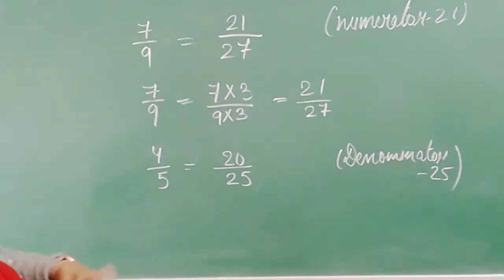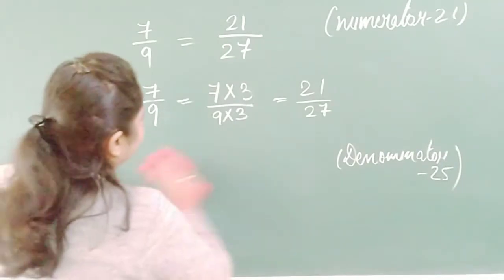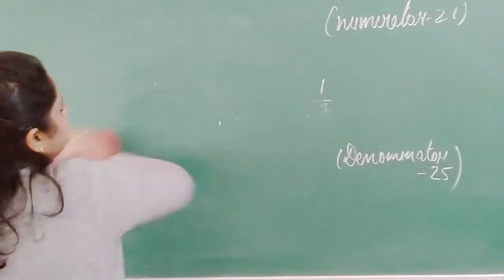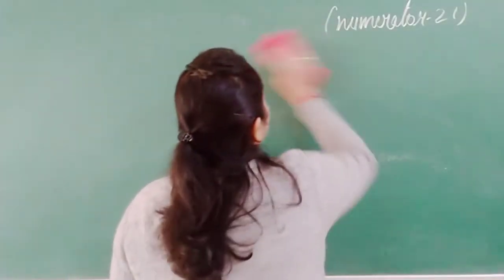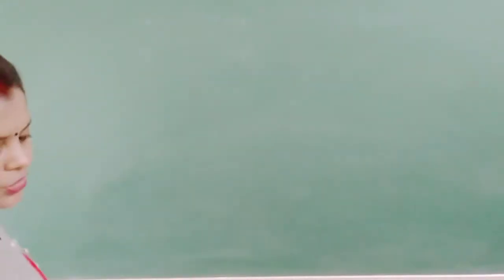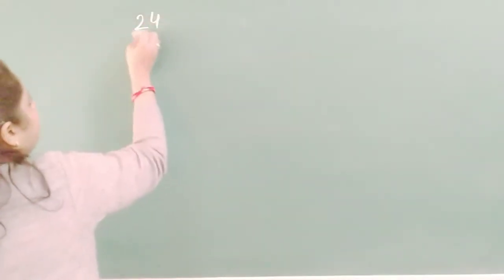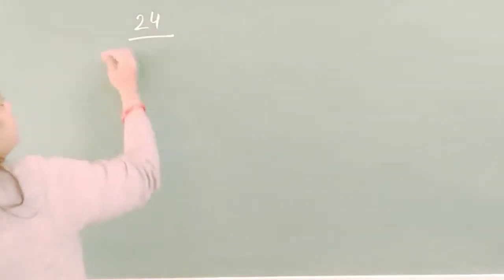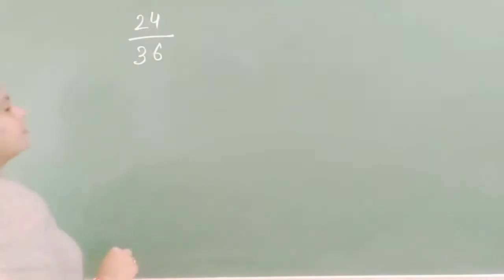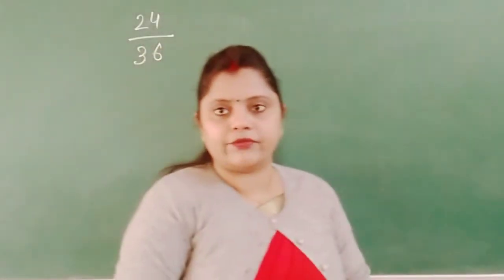Similarly, you can go for division also. Let me show you one more example. Through that you can understand how we can proceed in case of division. Let me show you one question. Suppose the fraction is 24 by 36. Okay, this question is given.